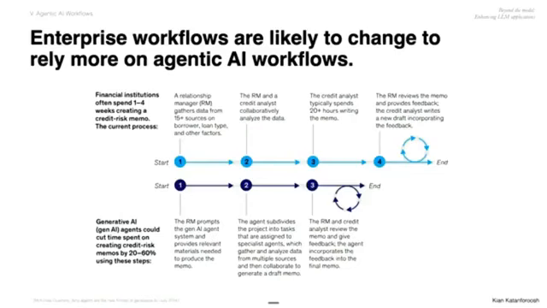So this is an example where you're not changing the human stakeholders, you're just changing the process and adding Gen AI to reduce the time it takes to get a credit memo out. Imagine you're an enterprise with 100,000 employees, and there are a lot of enterprises like that out there.